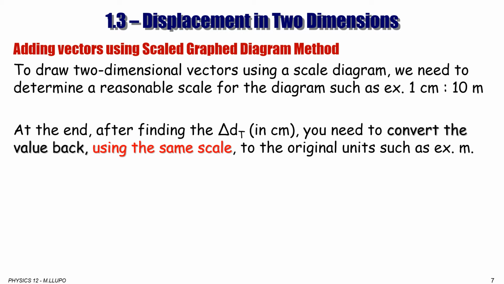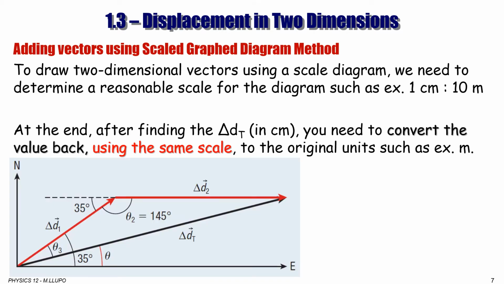So at the end, after finding that total displacement, you need to convert it back to the original value using the same scale. So if that total is 5 centimeters, for example, since that scale is 1 centimeter to 10 meters, that vector has to be 50 meters.